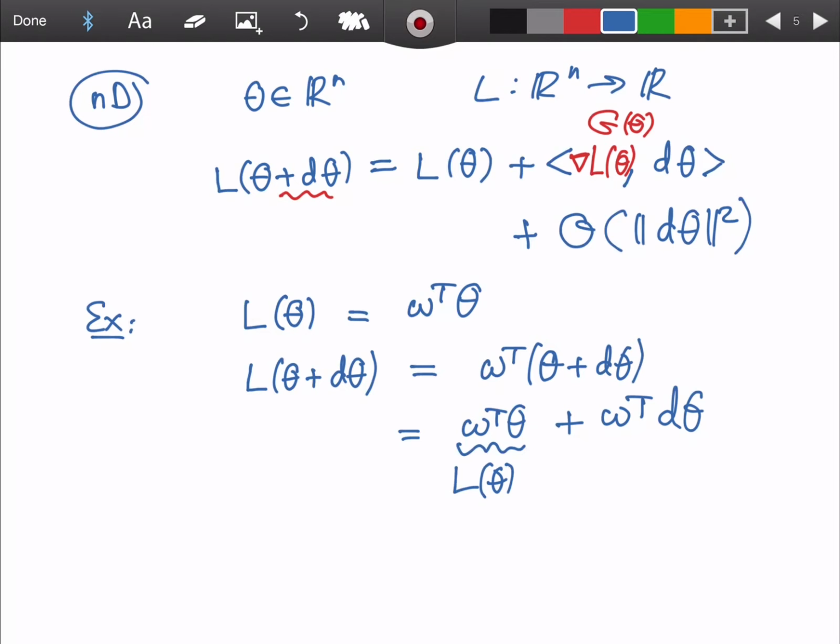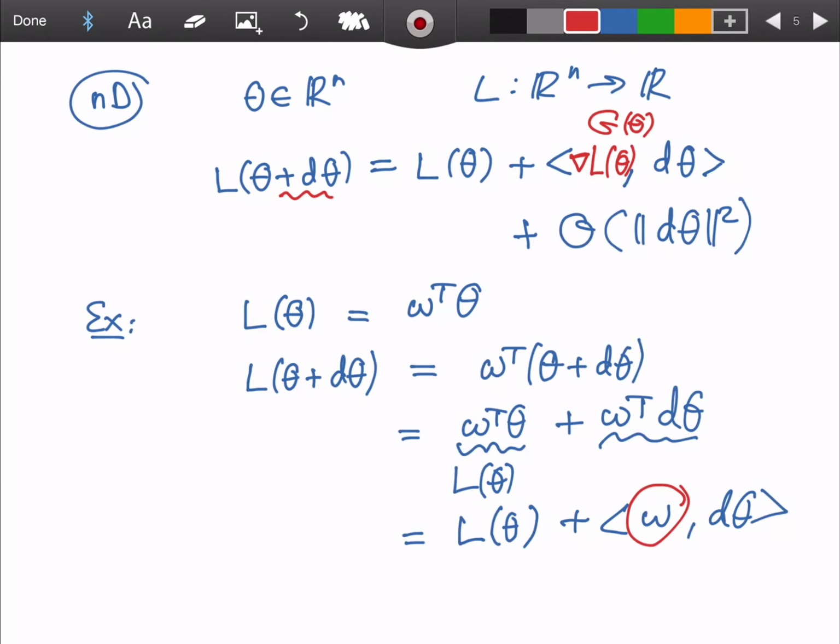So I'm getting exactly what the Taylor expansion gave me: L of theta plus the inner product of W and d theta. In this case I have zero residual because the function is linear, so its linear approximation is exact. And this object here is called the gradient. So you see this rule: when you take the gradient of some linear form, the gradient is that linear form transposed, the adjoint. Okay, so this is the gradient.